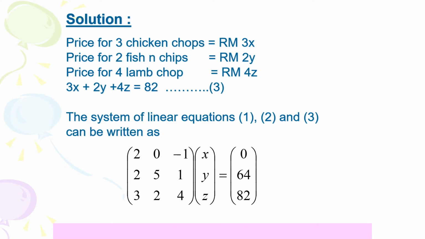So we combine all 3 linear equations into a system, and we can write it as AX = B. It will become matrix A, which is [2 0 -1; 2 5 1; 3 2 4], the variable matrix, which is x, y, z, and the constant matrix, which is 0, 64, and 82.